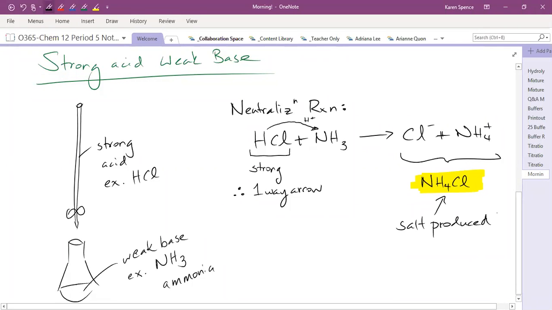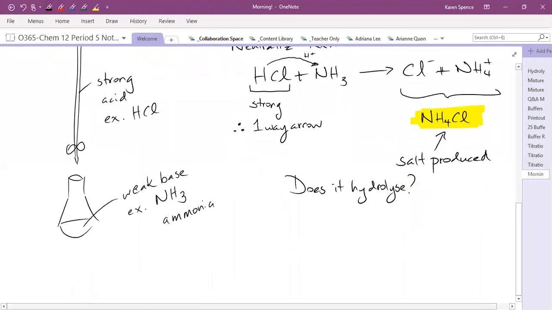Does it hydrolyze? What do you guys think? Does it hydrolyze? Yes, absolutely it does. The NH4 is going to hydrolyze.